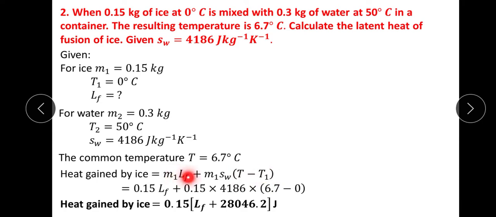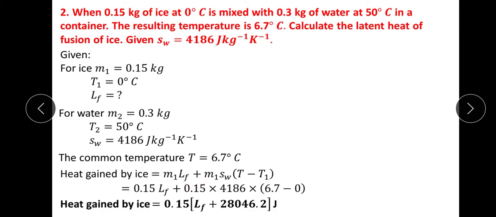This M1LF is nothing but the quantity of heat energy absorbed to change its state from ice to water. So at the same temperature 0 degrees Celsius, the change of state occurs from ice to water. So that is written as M1 into LF.